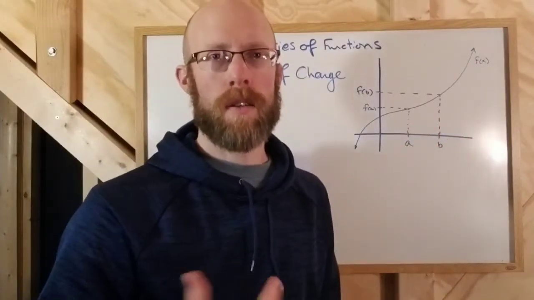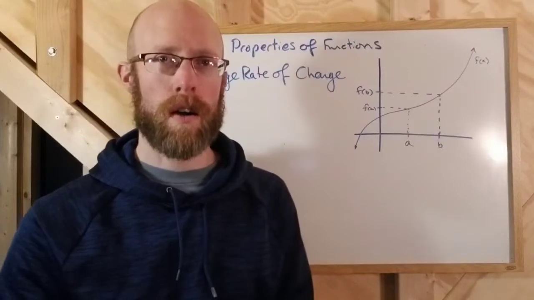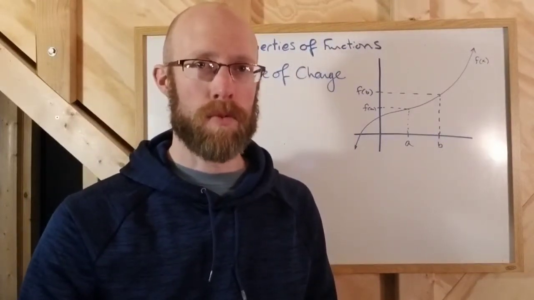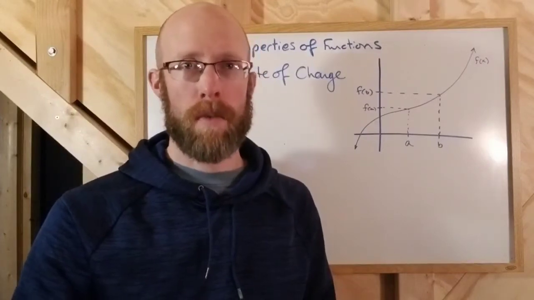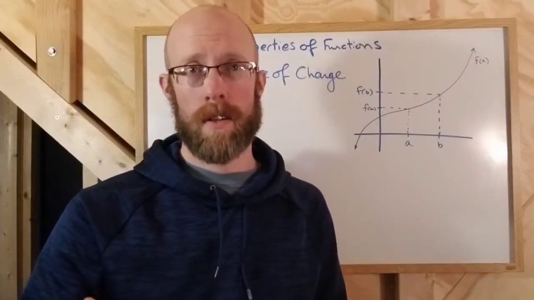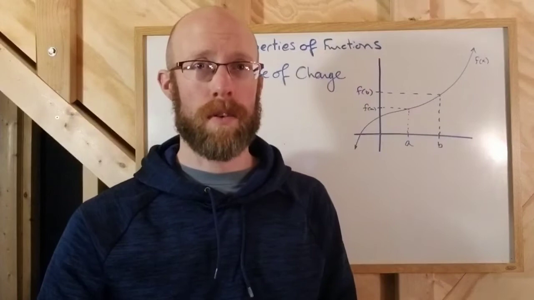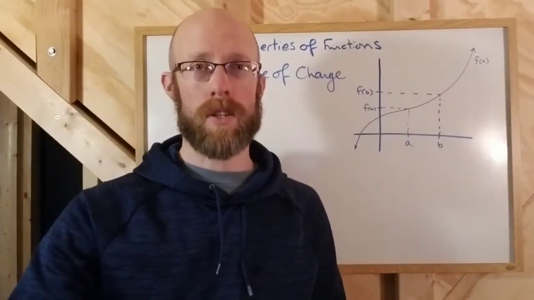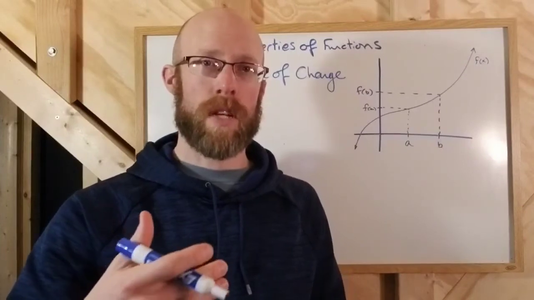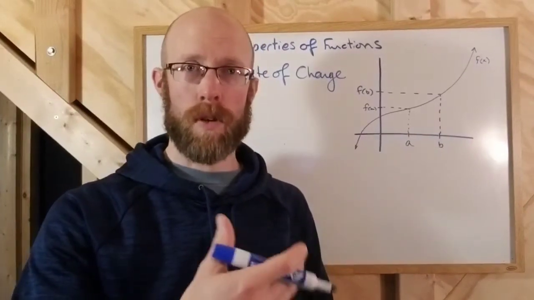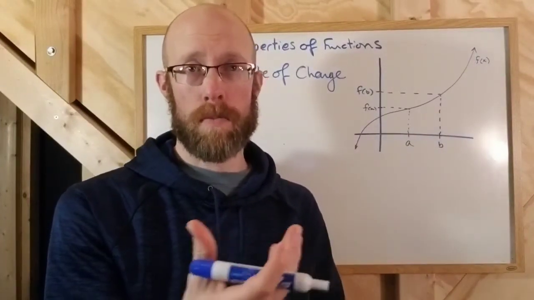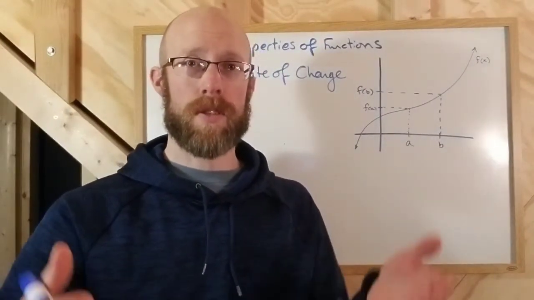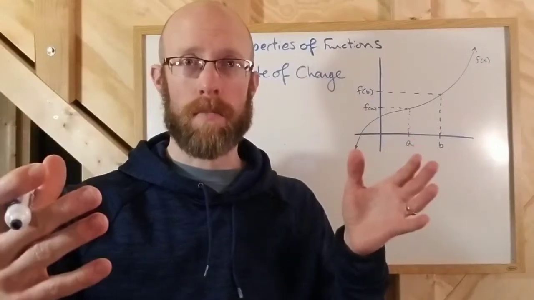It's kind of like if you were driving your car down the highway, and for part of that time you were driving at 70 miles per hour, and maybe you hit some construction and you had to slow down to 45 miles per hour. And then in the end, you get to your destination. Well, your instantaneous rate of change is what was being read on your speedometer. The average rate of change is simply taking into account the endpoints.